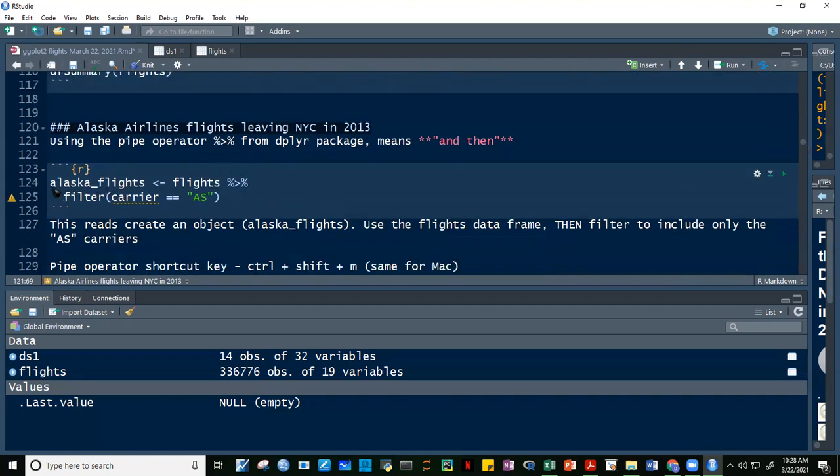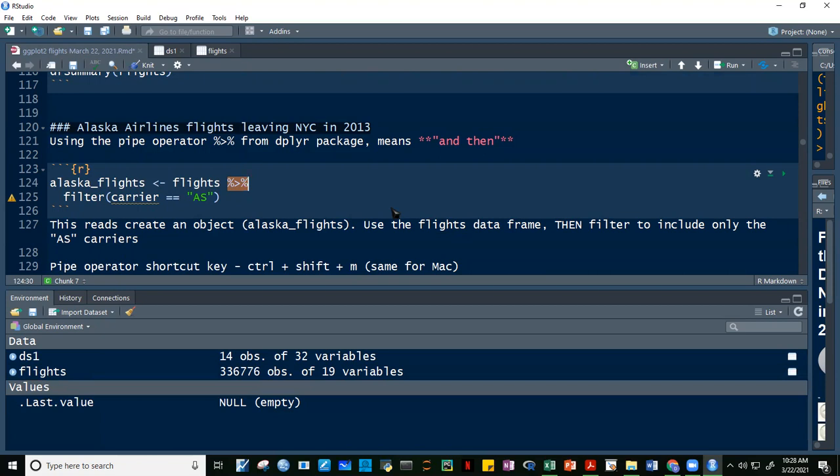We're going to create an object called Alaska Flights. Okay, tapos saan galing siya? It comes from the dataset flights. Take note, guys, naka-load na yung flights natin. So magagamit na natin yan. And then, ano gagawin? I-filter natin. Okay, masyadong malaki kasi yung data natin, di ba? 336,000 rows.